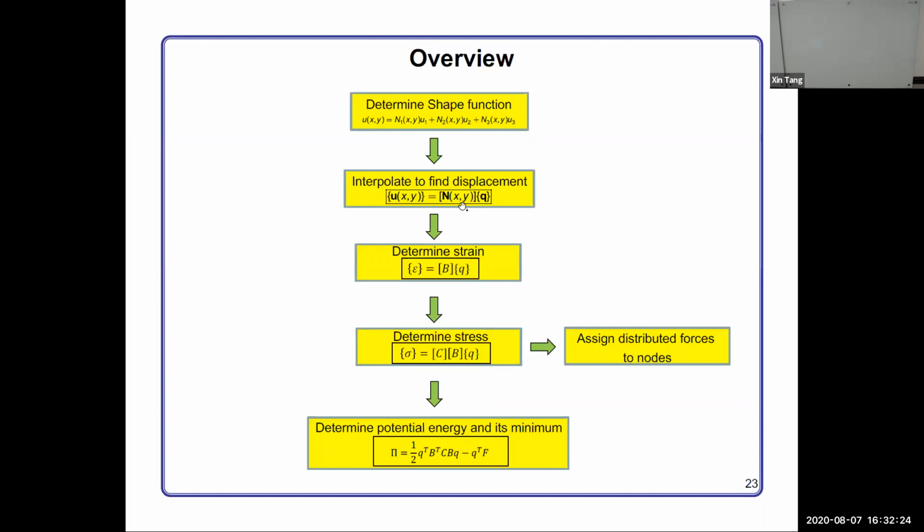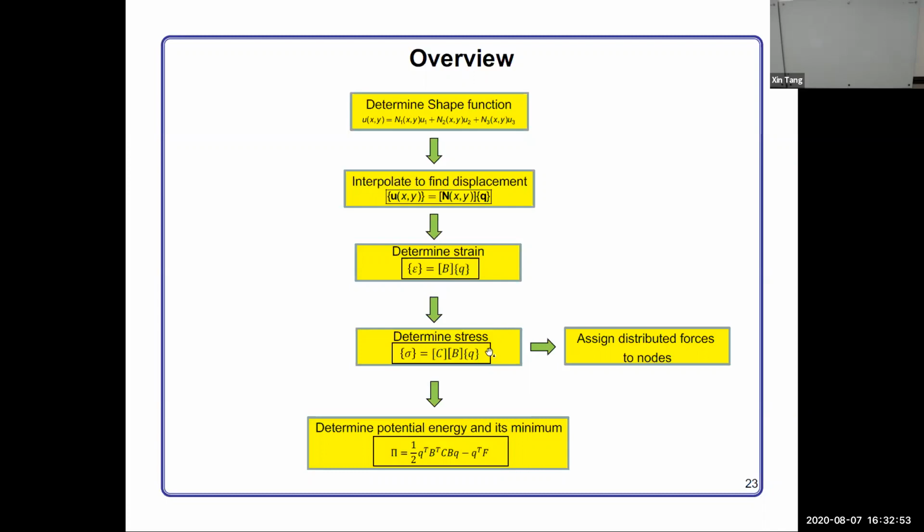Then we combined that with the theory of elasticity. We can take the differentiations to get the three in-plane strains and the strain matrix. So epsilon matrix equals B matrix times Q, the degree of freedom matrix. Then, combined with the material property of the solid, we can determine the stress.